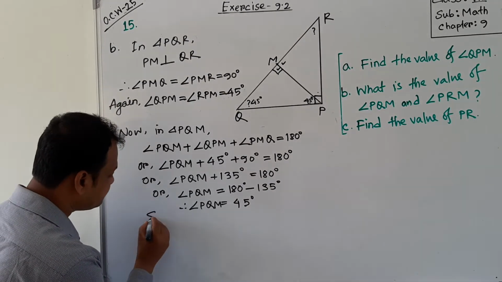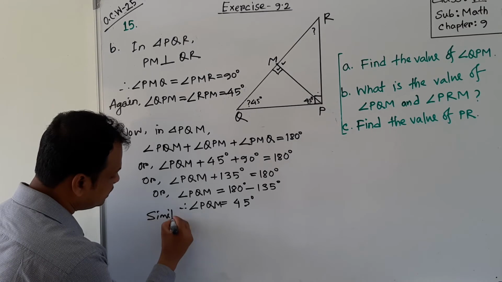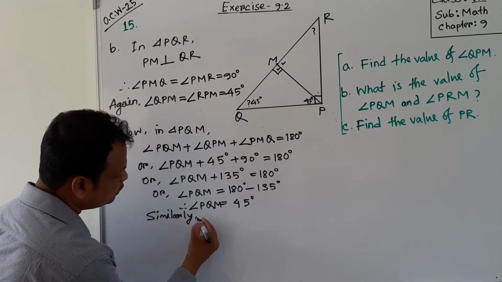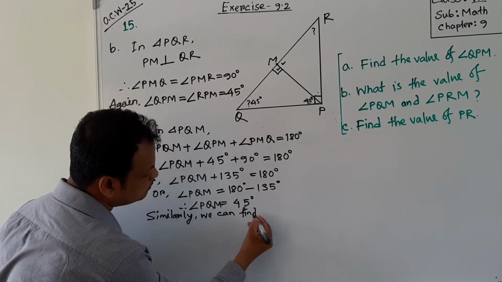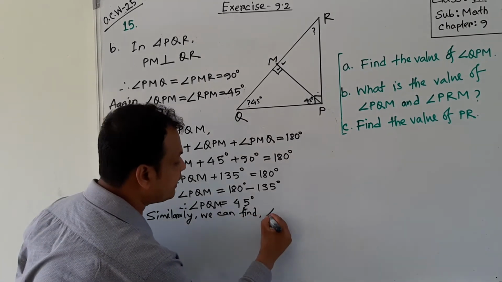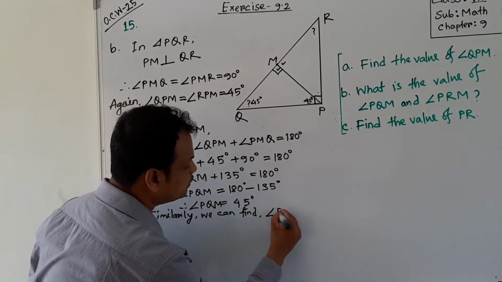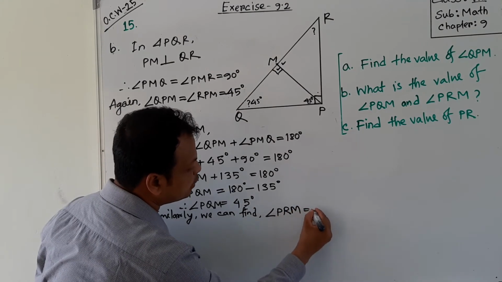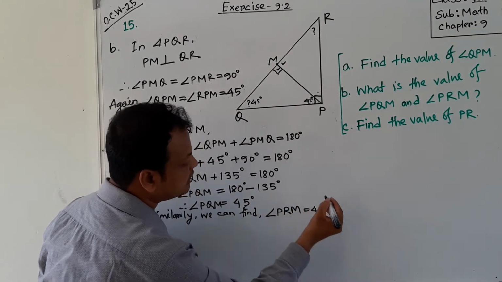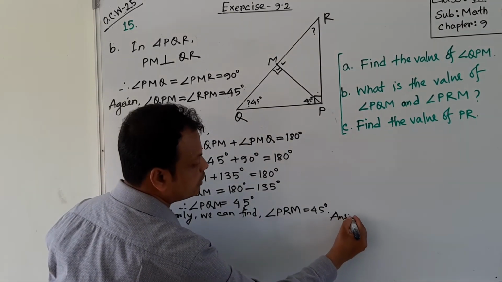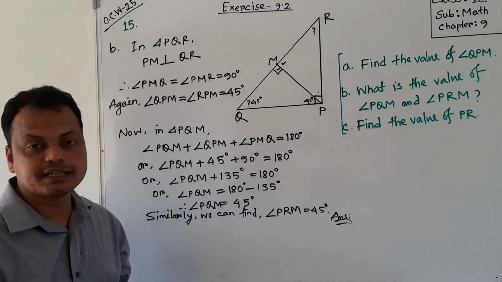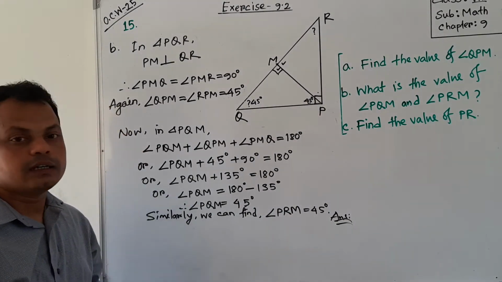Similarly we can find angle PRM equals 45 degrees. So this is the result. This is the result of B.